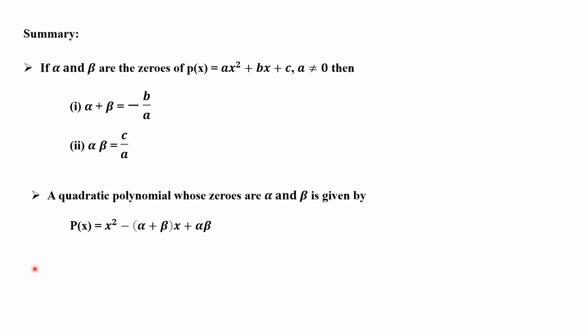Second point: for a quadratic polynomial whose zeros are alpha and beta, the polynomial will be x square minus (sum of the roots) times x plus product of the roots. Okay. So these are the 2 points which you have to remember, because you are going to use them for solving the second exercise. Clear?